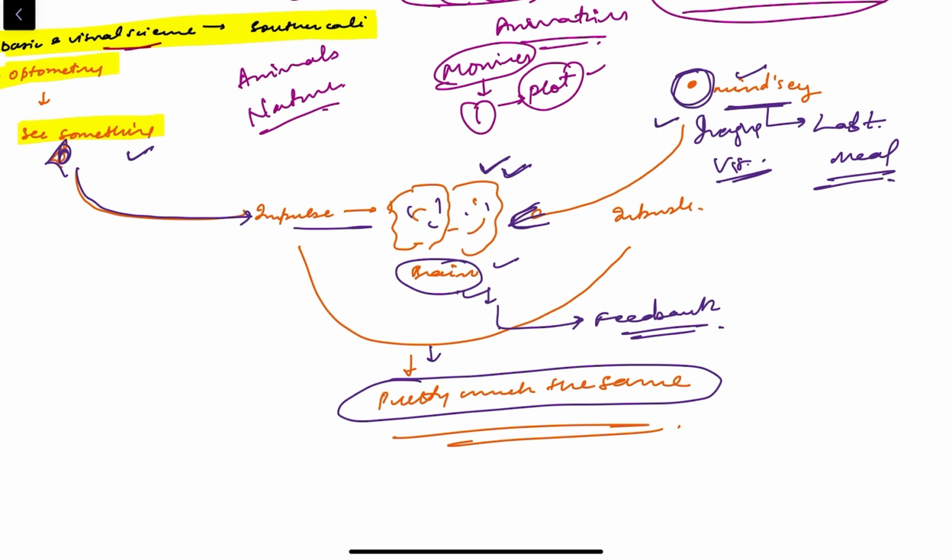According to it, both are the same. It treats both of them as the same. So this is very crucial, very important. And with this knowledge, you can do a lot.